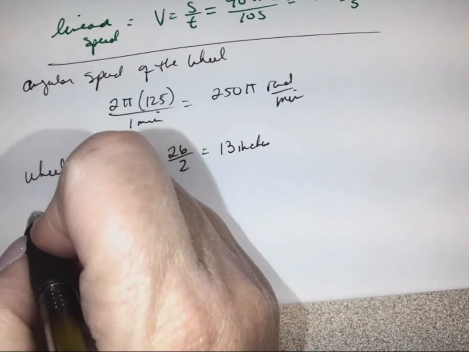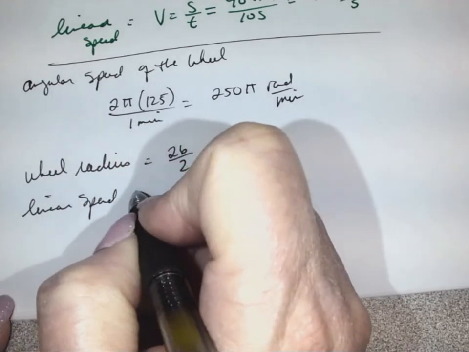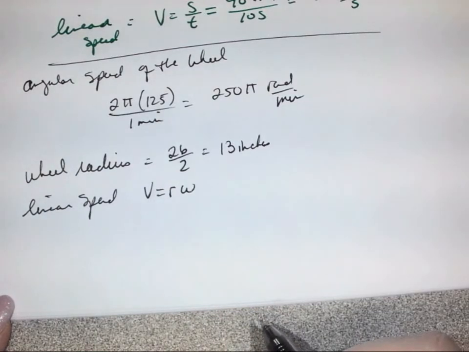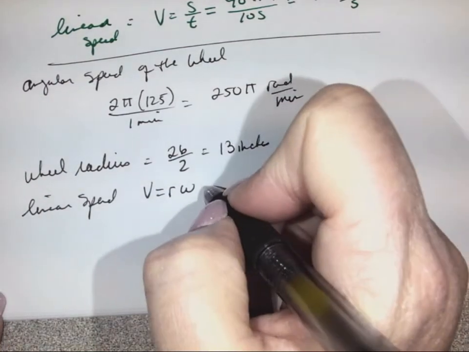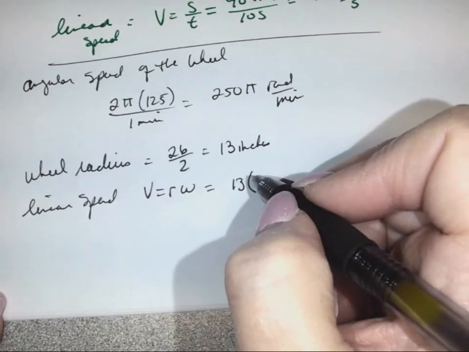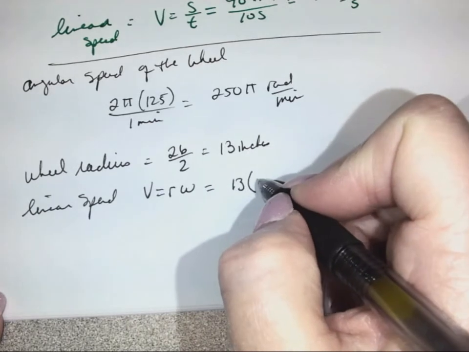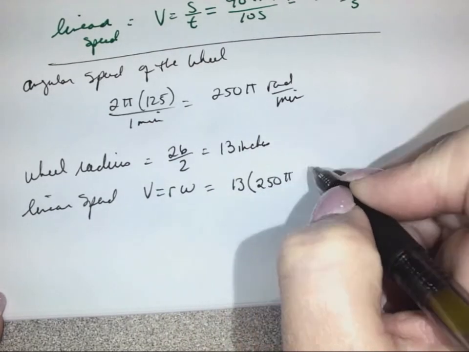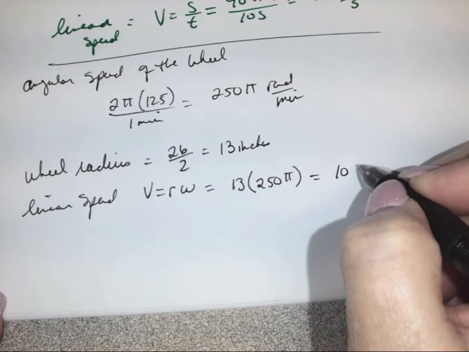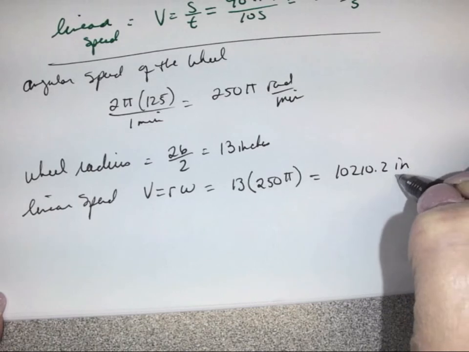So now we can find our linear speed, which is v equals r times omega, sorry about that, it looks like a w. So our r is 13, and our angular speed is 250 pi. Well, that gets us 10,210.2 inches per minute.